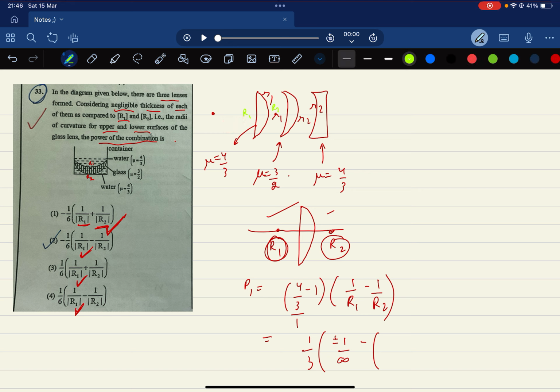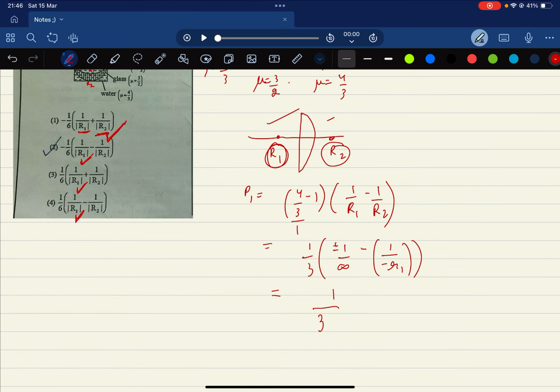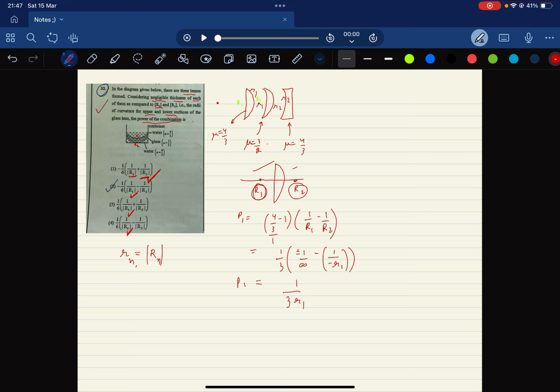This is the R2 side, but we will actually put R1 here, and we will put it as minus 1 by R1. So it will actually be 3 by R1, where I am considering R as mod R. All right, so I have calculated the first power.